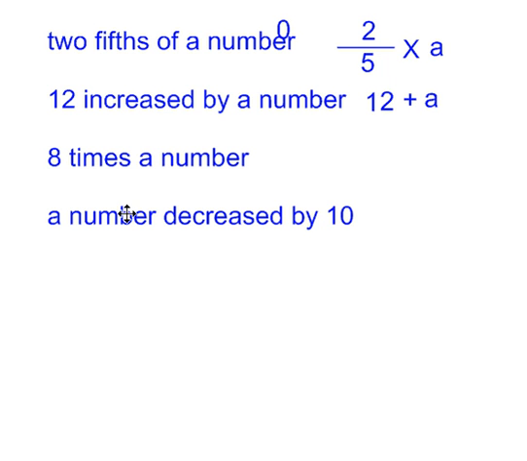Okay. 8 times a number. So we'll have 8 times, which means multiplication. We put the multiplication symbol. And a number, once again, we'll use a variable a. You could also write this as just 8a.